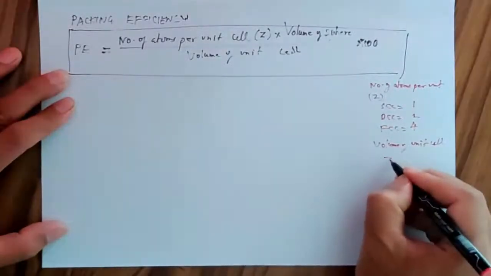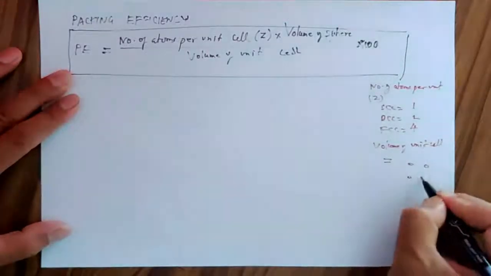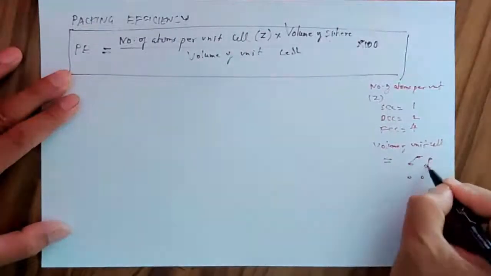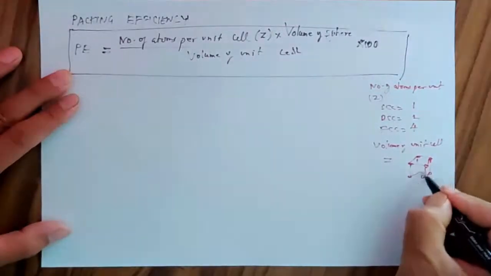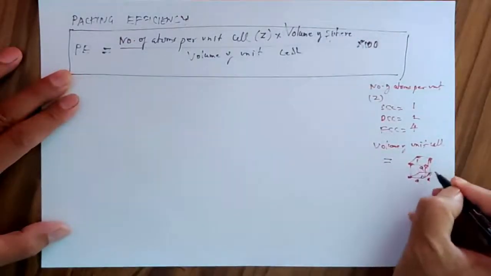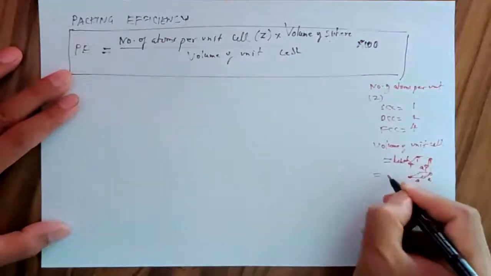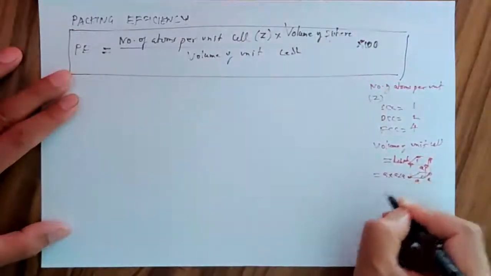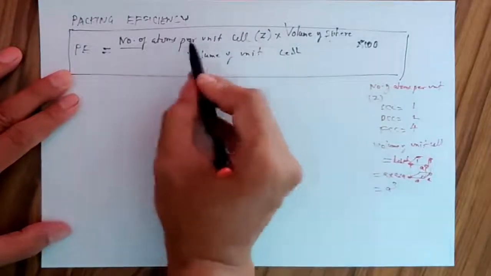The unit cell is a cuboid. Its length is A, breadth also is A, height also is A. Volume is length into breadth into height, so all are A, A cube.